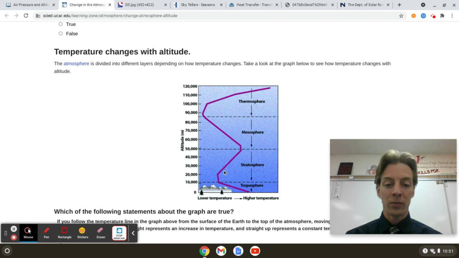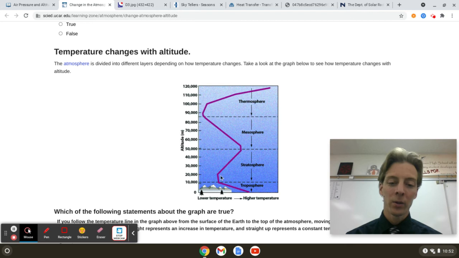Up into the stratosphere, the temperature goes up because that's where the ozone layer is. The ozone layer absorbs all that UV radiation. When the ozone absorbs that radiation, it moves faster, and how fast it moves warms it up.